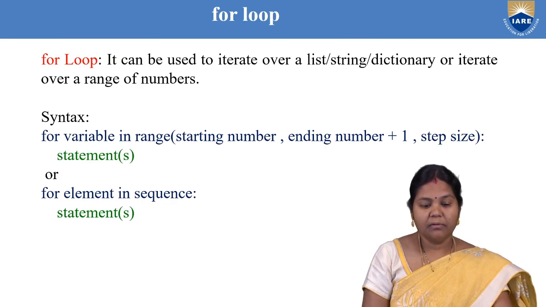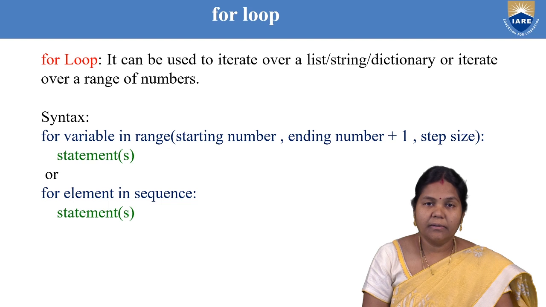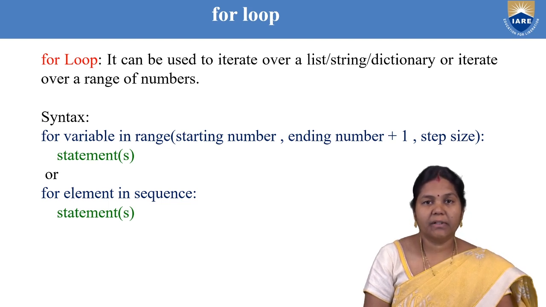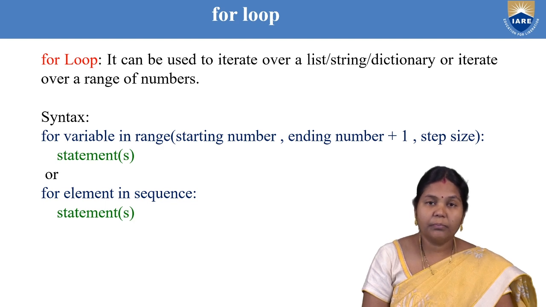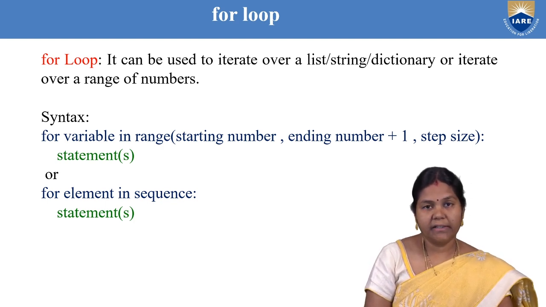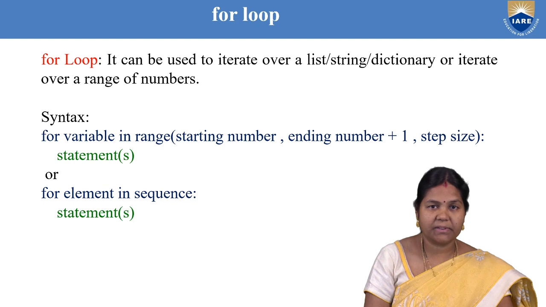First of all, the for loop is used to execute a set of statements repeatedly until a particular condition is true. Otherwise, it can iterate over a list, string, dictionary, tuple, or any sequence. Now, what is the syntax of the for loop? For variable in range. You can use the range function, which takes three arguments: start value, stop value, and step size.